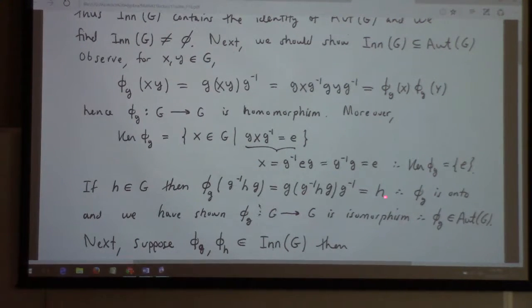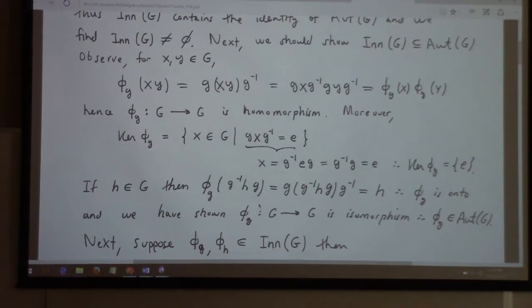Incidentally, this also shows you that conjugation by the inverse is the inverse of phi G, which I prove again later in the solution. If I was lazier, I could say, by the way, this is phi of G inverse. So this shows that phi G composed with phi G inverse is the identity on H. Okay.